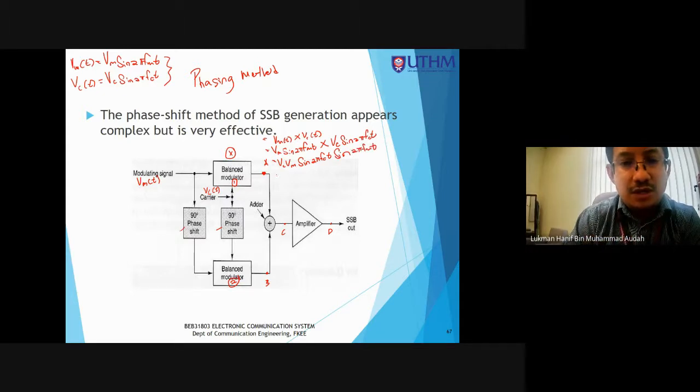Okay. Dan kalau kita kembangkan lagi dia akan jadi seperti ini. VC VM per 2 in bracket. Sin and sin will become cos minus cos.